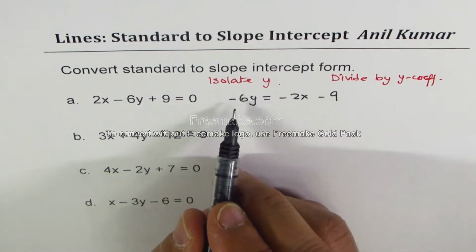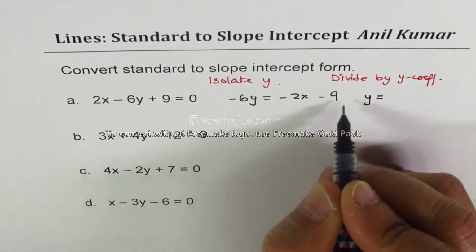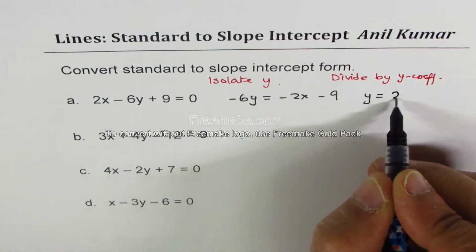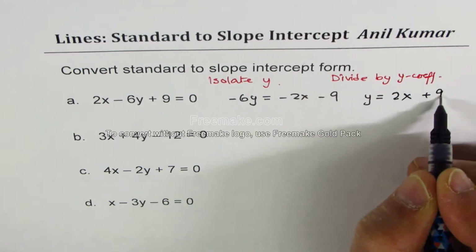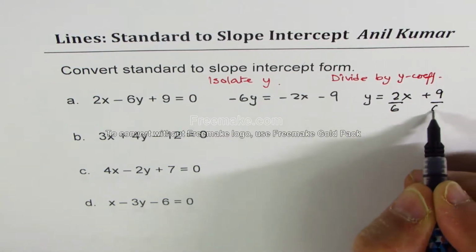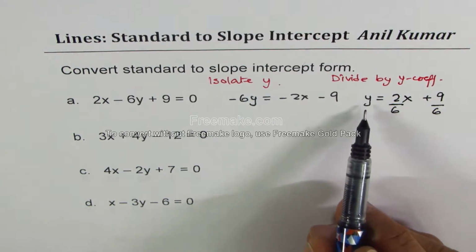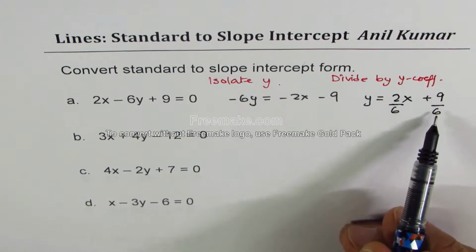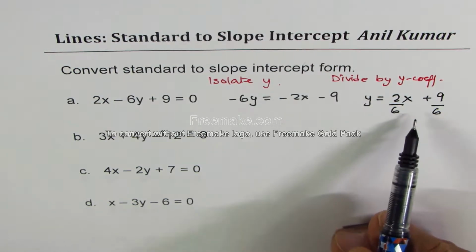So when I divide by minus 6, I will write this as y equals, first I'll change the signs. So minus becomes plus. We can just write 2x here. This becomes plus 9. Now I divide by 6. What you notice here is that we could actually simplify this expression, dividing both numerator and denominator and writing them in simple form, correct?